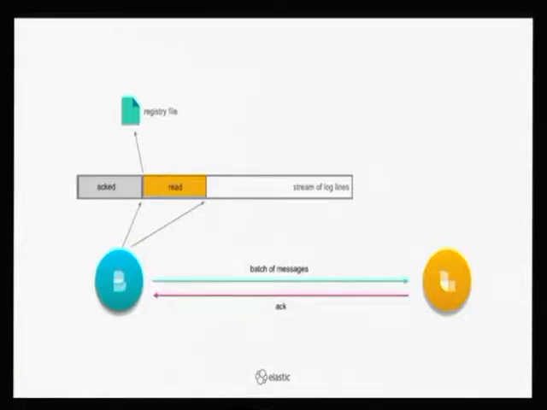So the flow is: the beat sends a batch of messages to Logstash, and only once Logstash, the ingest node on the other side, or Elasticsearch has acknowledged that message, that part that is yellow, the red part, only once it has been acknowledged, the gray area will be moved forward, and the registry file pointer will be moved forward as well. If you do not get an acknowledgement, it will be sent one more time. So that's why we have the at least once attribute.